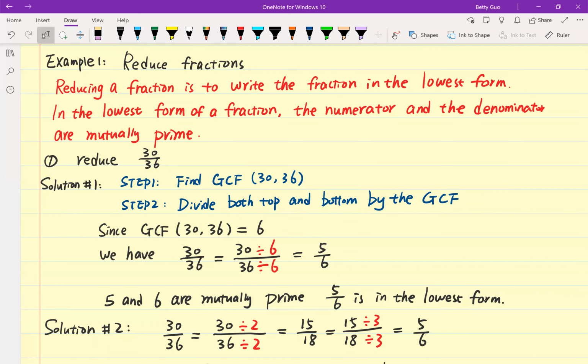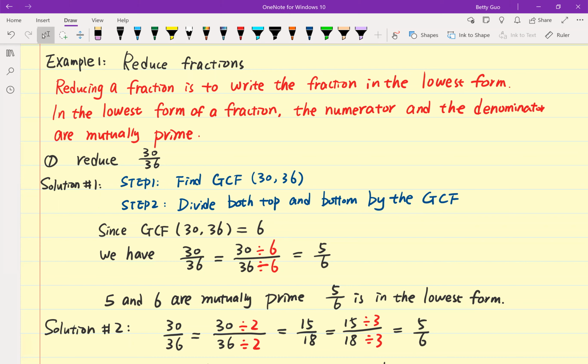Do you still remember the concept of mutually prime? Two numbers are mutually prime if the only common factor of them is 1. So they do not have any common prime factors. In that case, we say the two numbers are mutually prime.